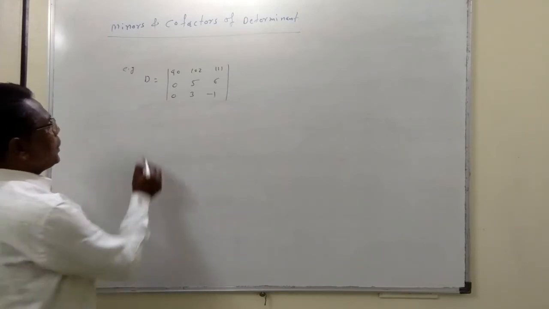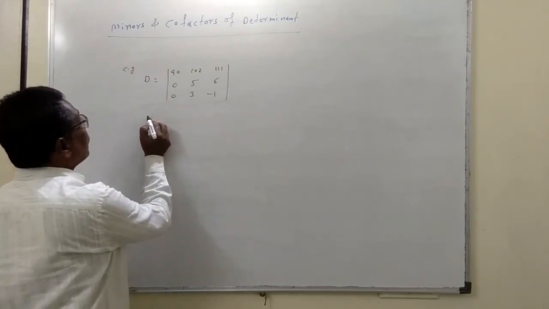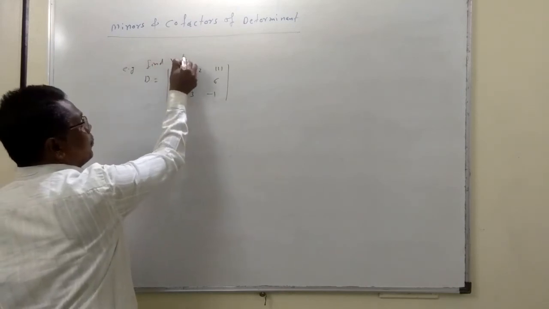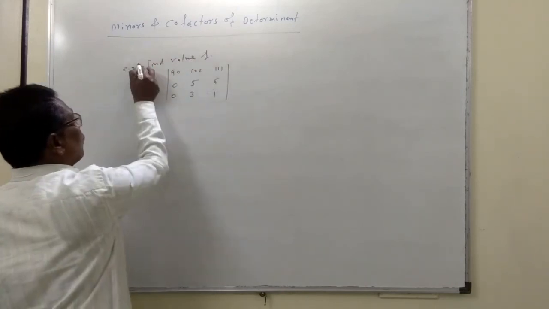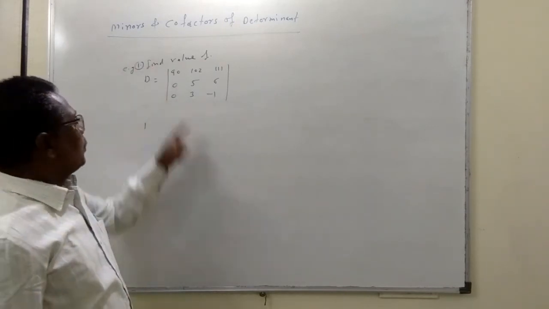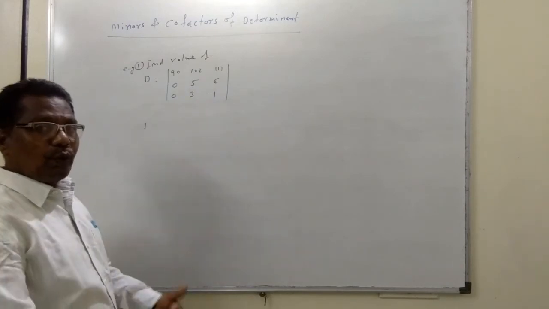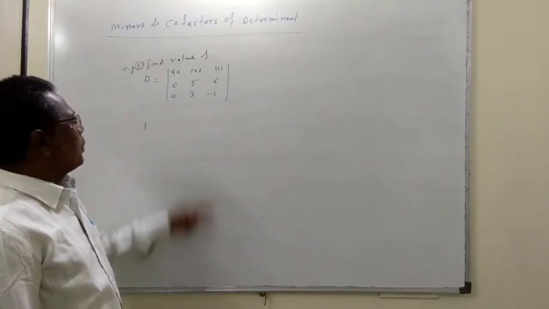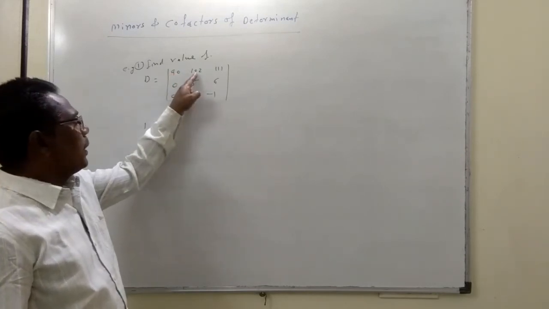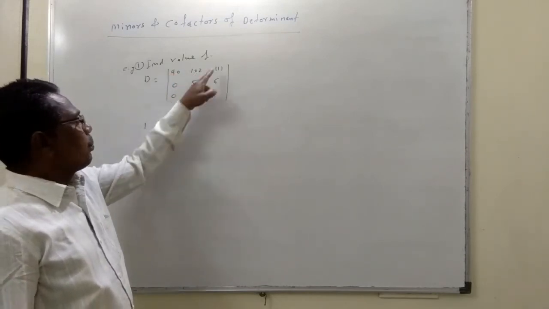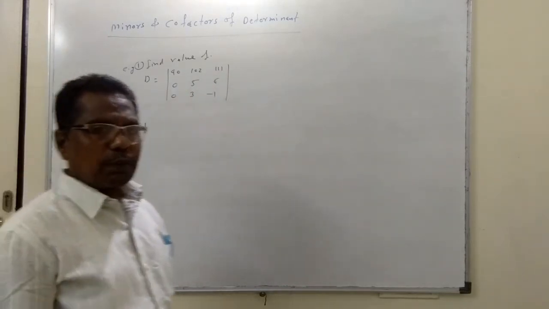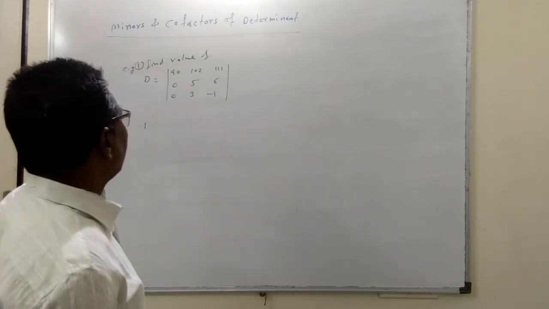Now you want to find the value of this D. If we expand this determinant in terms of the first row, our regular method, that is time consuming. You take this element into its cofactor, then this element into its cofactor, this element into its cofactor, and do the summation of those products, and then we get the value.